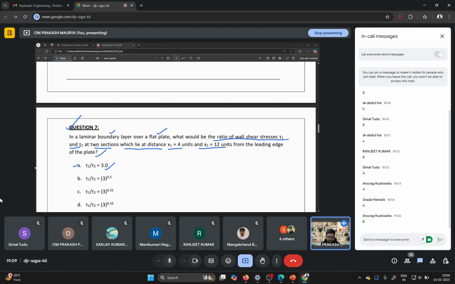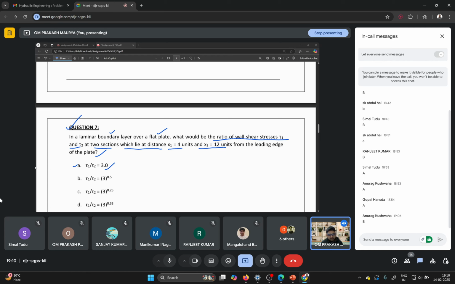Okay, if anyone has solved, please just write your answer. Okay, so only Anurag is telling option B. Let me just check whether option B is correct or not.